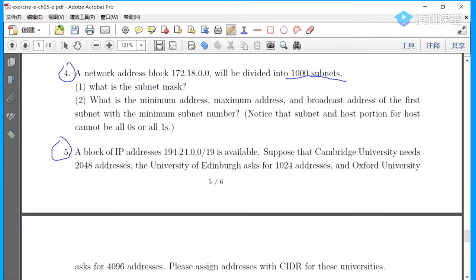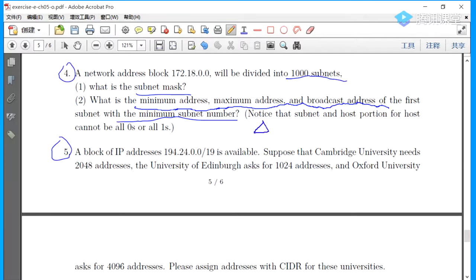What is the minimum address, maximum address, and broadcast address of the first subnet with the minimum subnet number?